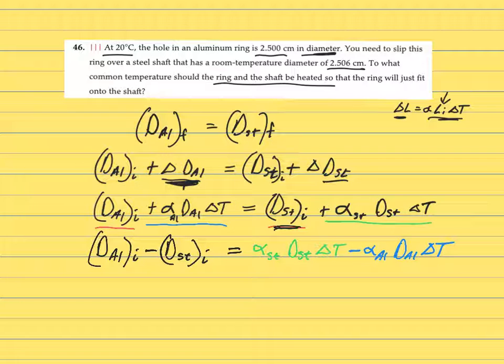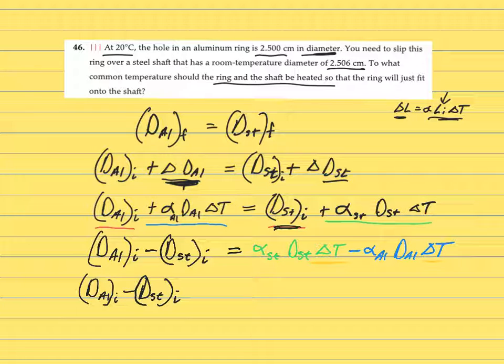I love this. All right, let's factor out a change in T over here, because why wouldn't we, right? So I still have the D aluminum over here. Minus diameter steel. I don't know why I'm putting these parentheses in there.